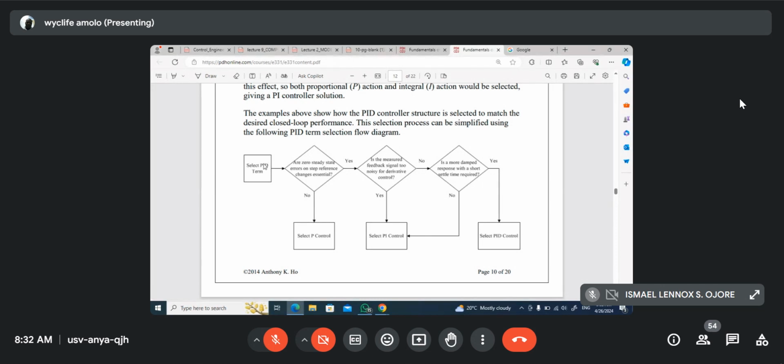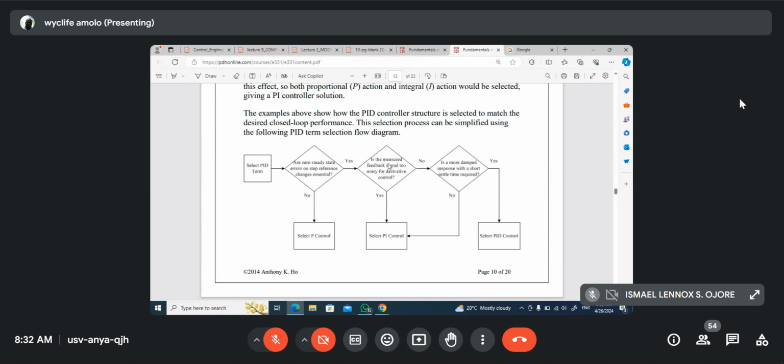Is zero steady state error on a step reference essential? If no, select P control. If yes, continue.